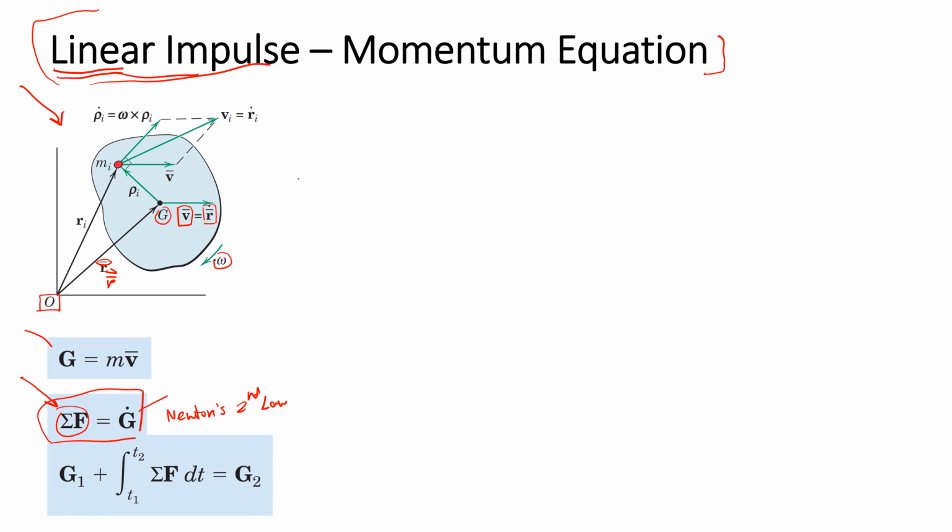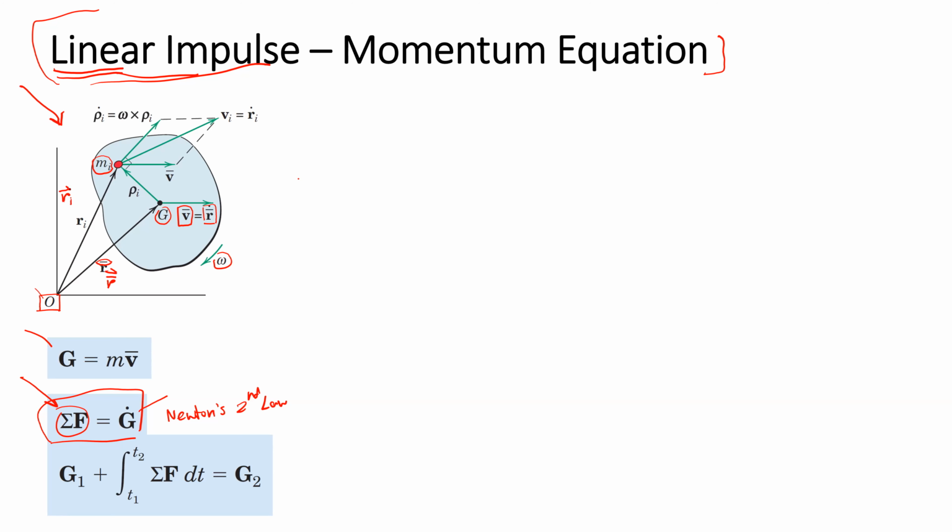At any particle of mass on the rigid body, that particle may have the mass mi, which is the mass of the i-th particle, and its position vector with respect to the global frame's origin is described by the vector Ri.